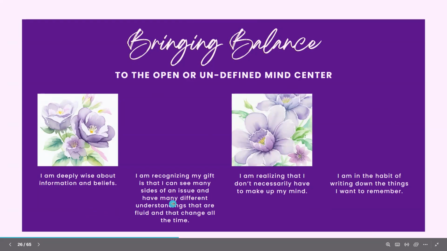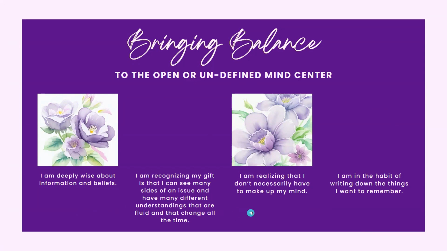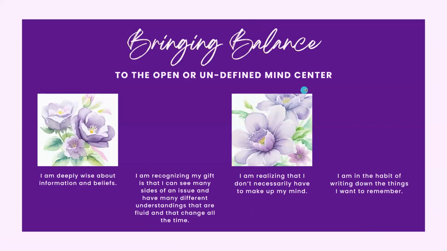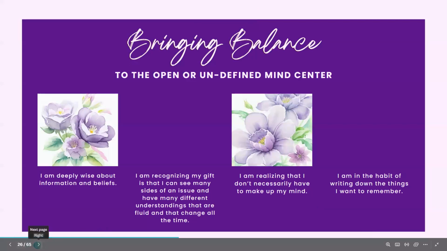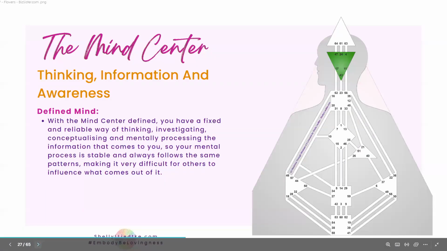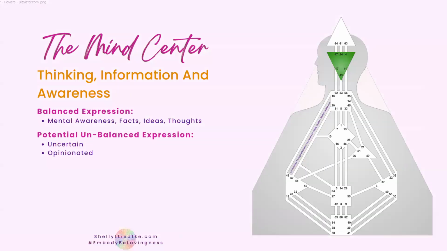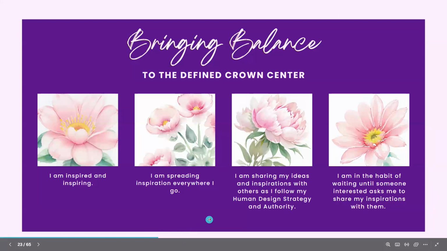The next one is, I am recognizing my gift is that I can see many sides of an issue and have many different understandings that are fluid and that change all the time. Oh, that I backed up. What is going on? Okay, guys, the mind center. I don't know how we skipped way far ahead like that. Okay, we're back on the crown center after I confused myself and everybody else.